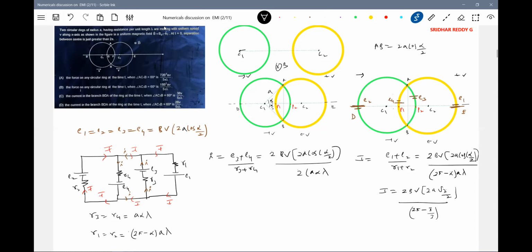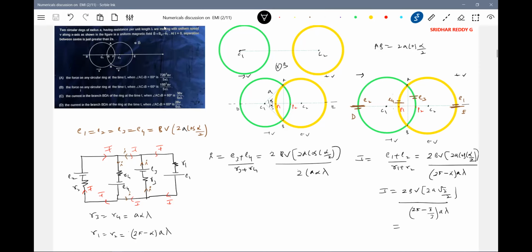This will be pi by 3 into A lambda. Check calculation once. Is it 4 BVA? Lambda will be there. A will get cancelled. Root 3, yeah, we are getting.